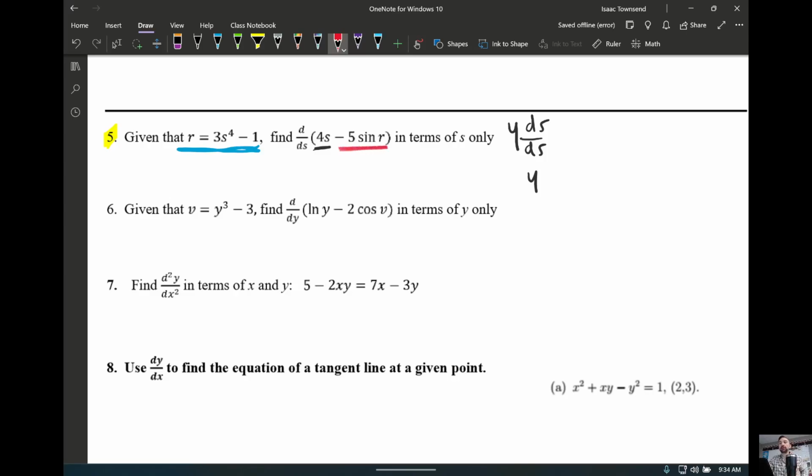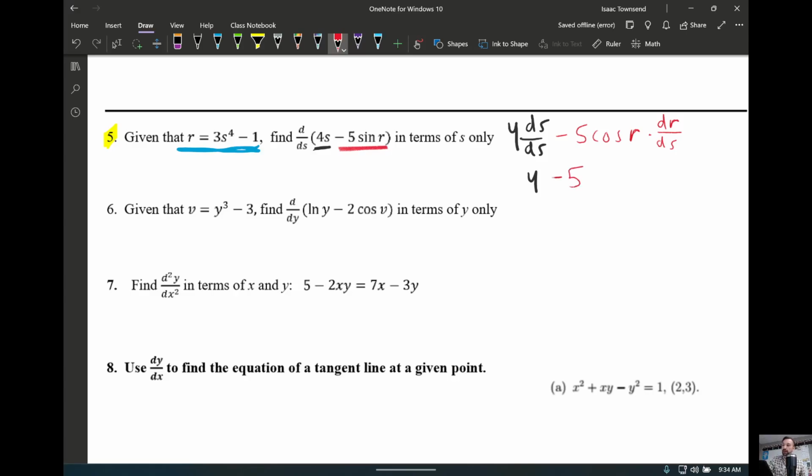For the derivative of -5 sine r, that would be -5 times the sine of something's derivative, which is cosine of something. But for this question, I just took the derivative of some r things with respect to s, and that is not 1. This is not something divided by itself like this one is.